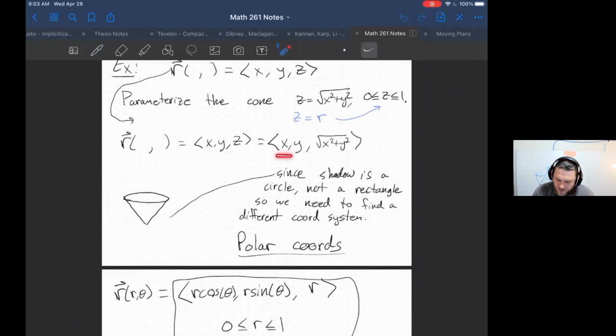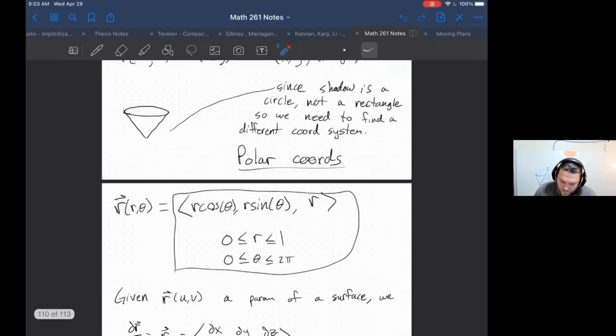We saw that xy wasn't really a good choice here because of this square root of x squared plus y squared. If we were looking at the shadow of this cone, we would have a circle rather than a square. And so it turned out that r and theta were much more useful in this problem.